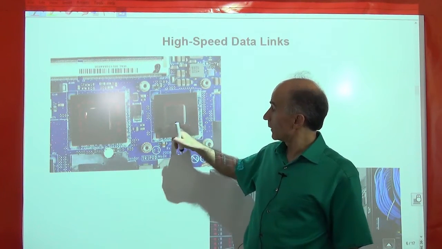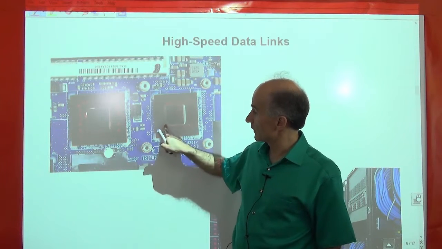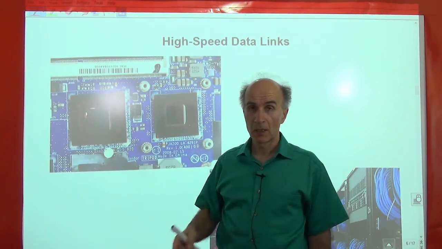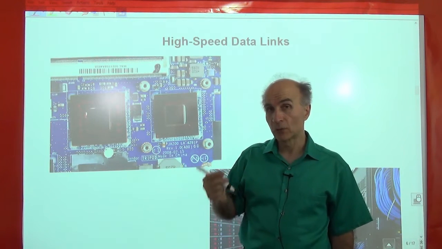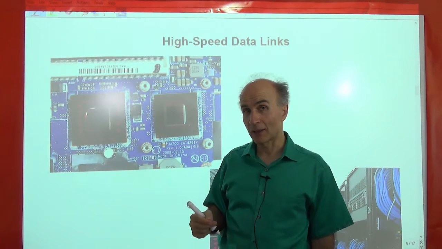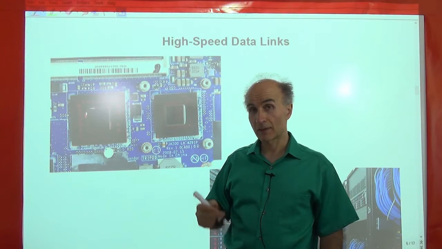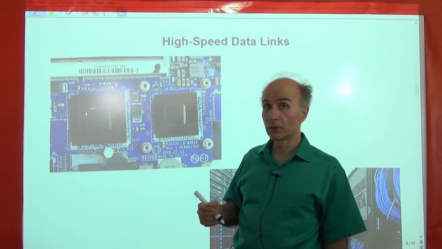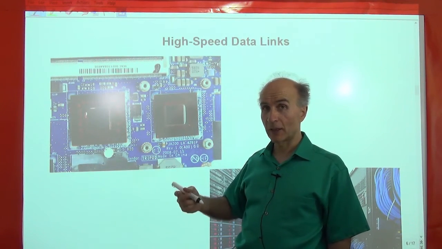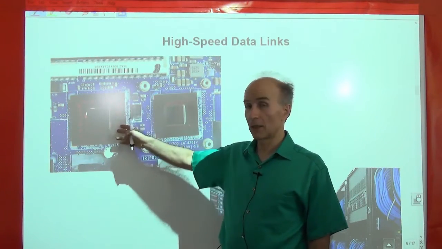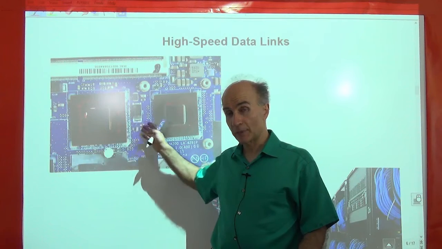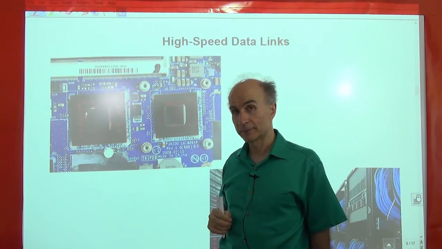So when we go through this PC board, there's a trace that goes from here to here. That trace has many imperfections. And due to those imperfections, the data is corrupted. The data is distorted. So we need to have proper design for transmitting this data from here to here, and then for receiving it. And that becomes an interesting challenge.